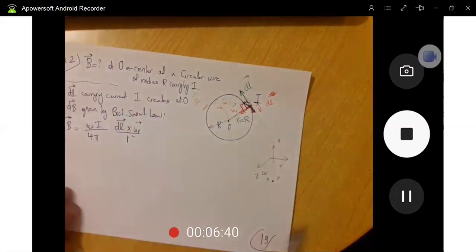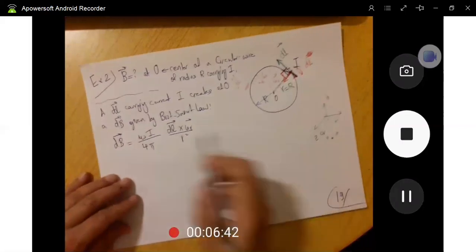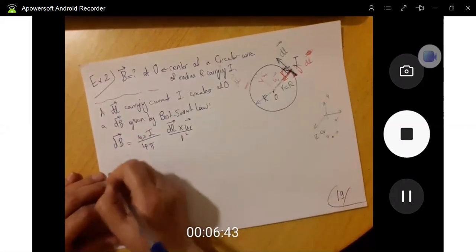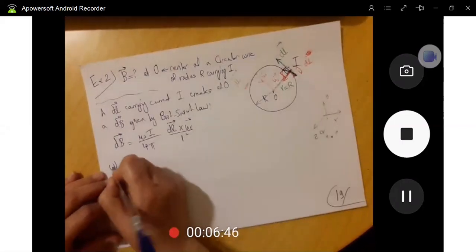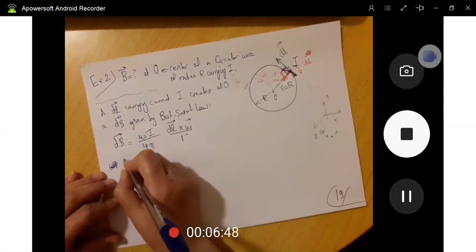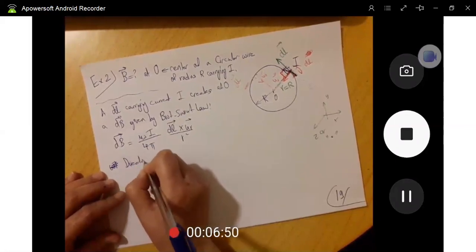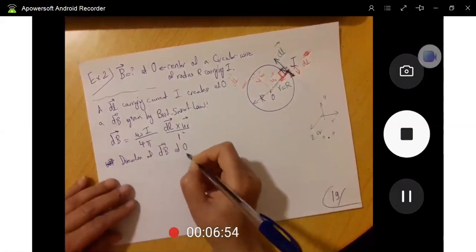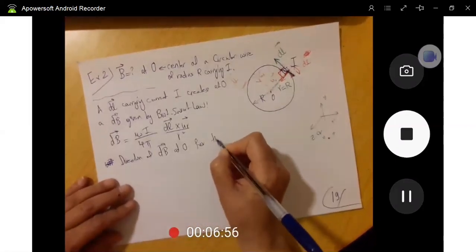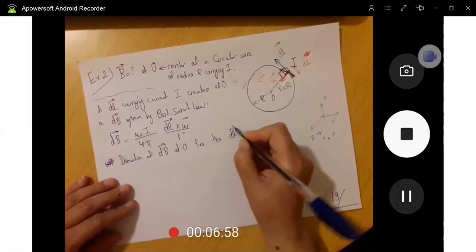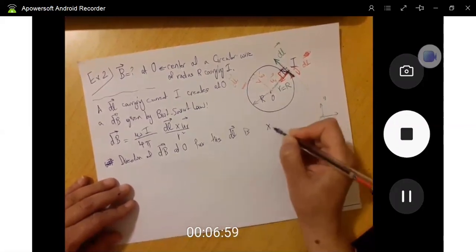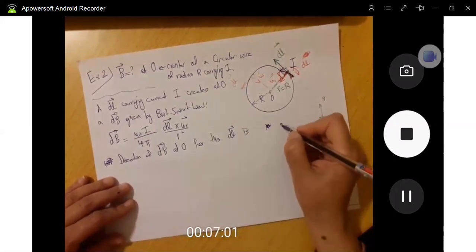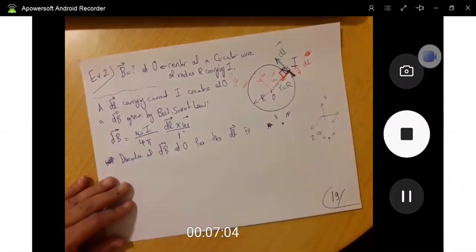So in other words, wherever, the direction of the dB vector at O for this dl is out of the page.